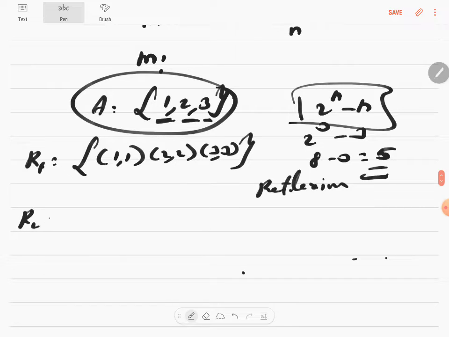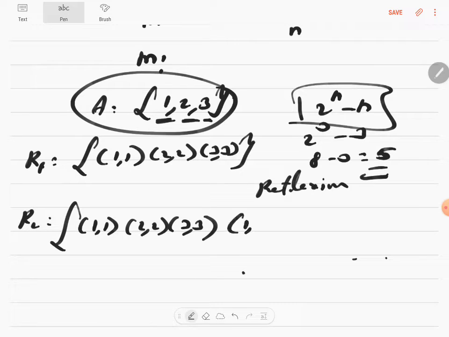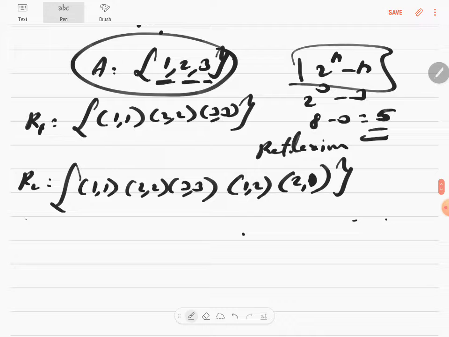Then relation 2. Let's write (1,1), (2,2) and (3,3) compulsorily, and let's include (1,2) in this. If you include (1,2), you necessarily have to write (2,1). So this is another equivalence relation.